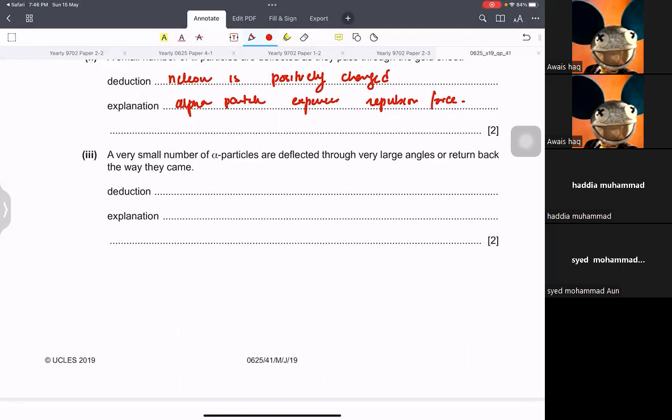This is because a tiny nucleus contains almost all the mass of an atom.